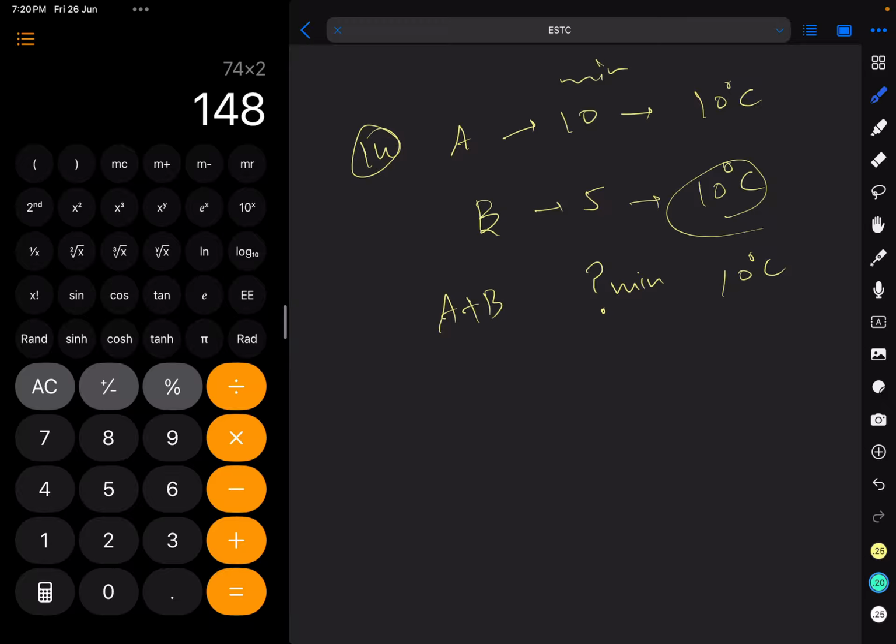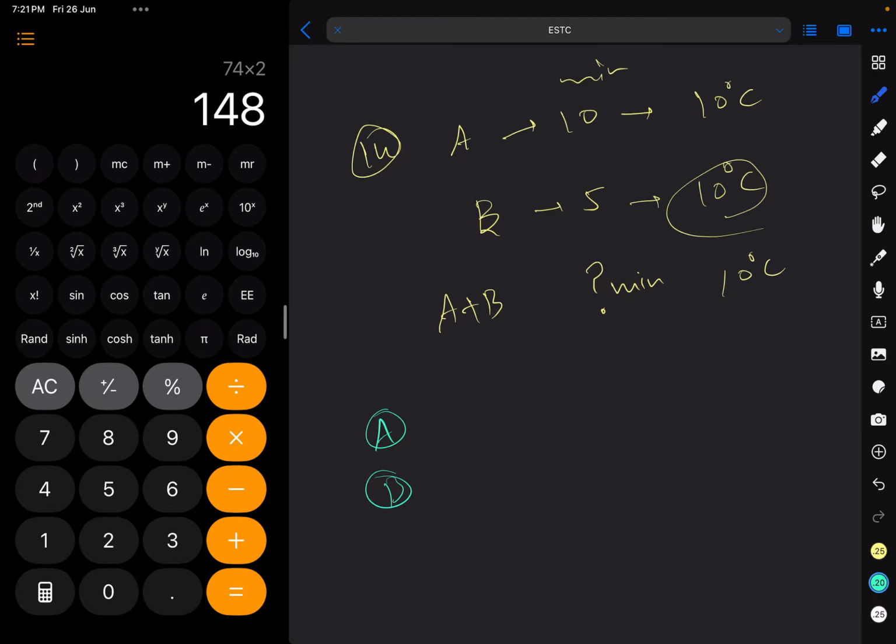So they are talking about the time. Time is determined by the power of A and power of B. They are discussing the power only.